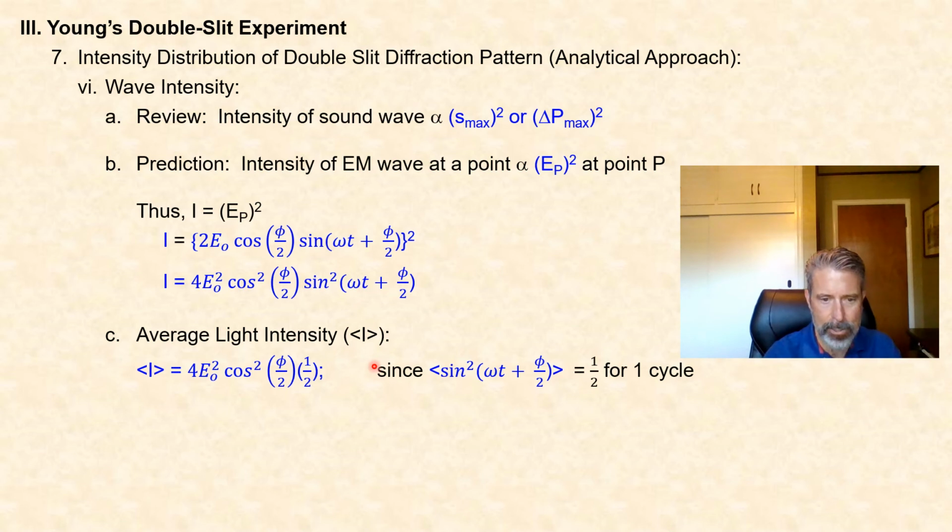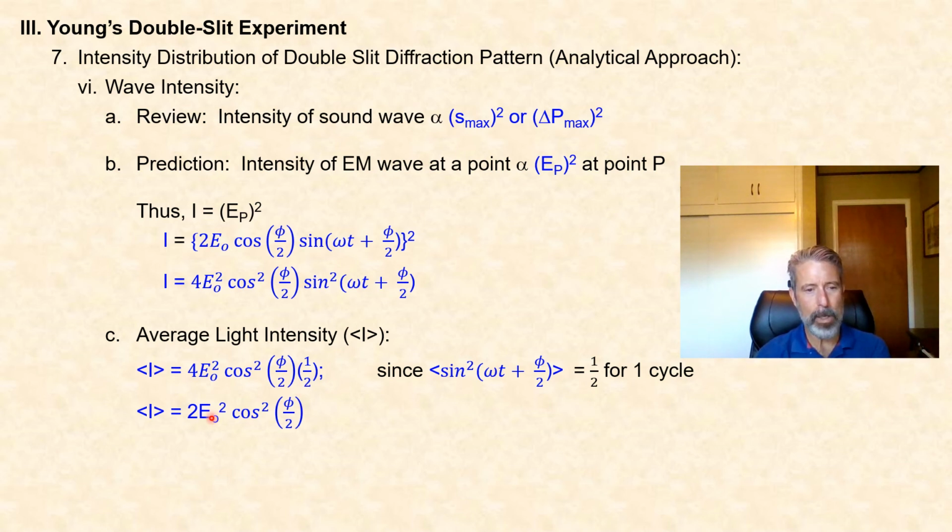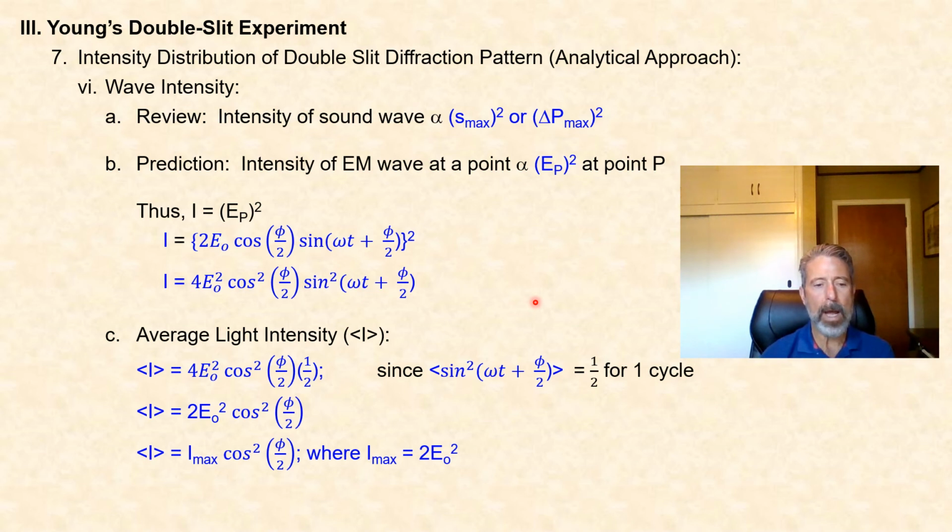So given that, our expression now looks like, we take half of 4 E naught squared, 2 E naught squared, cos squared phi over 2. So we can write this 2 E naught squared really represents the amplitude of our average intensity.